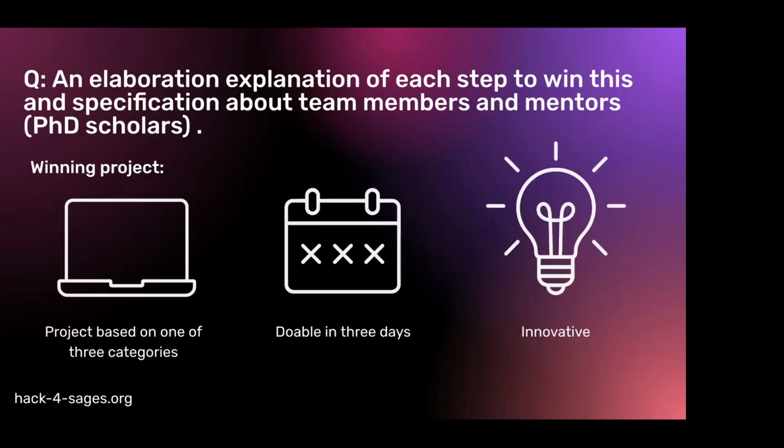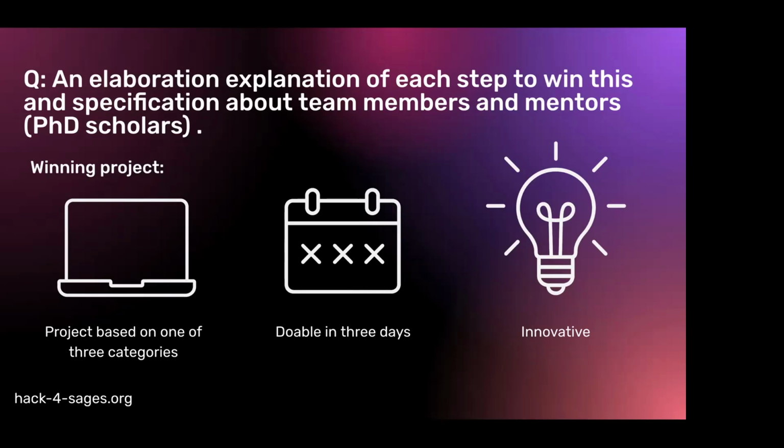As for what is the winning project, well, I cannot tell you everything. We will see. But generally, if you want to be admitted into the 60 teams that will actually participate in the hackathon, the project needs to be in one of these 3 categories that we are considering. It has to be doable in 3 days. So be careful of being overly ambitious, because we are aware that some things just cannot be done in 3 days.